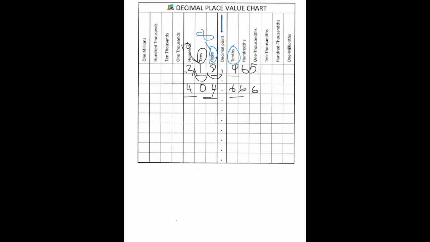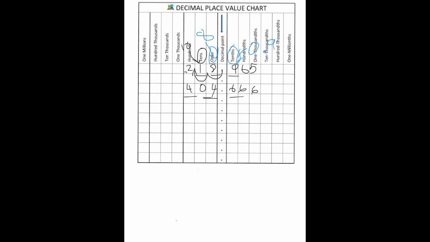So 9 divided by 10 is 0.9. So 0.9 will be our place value for that number. So that's just a quick thing that I had to share. You have to divide if you come over here behind the decimal point.